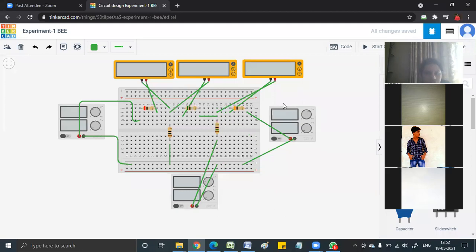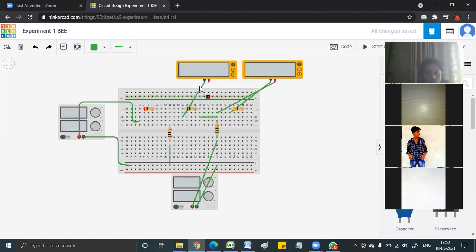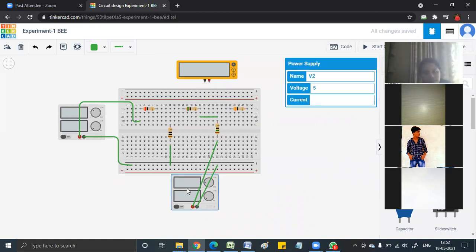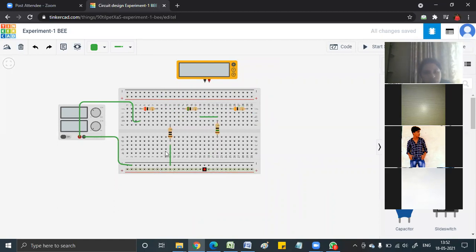So first we'll remove everything. Okay. Now tell me what connection should I do?